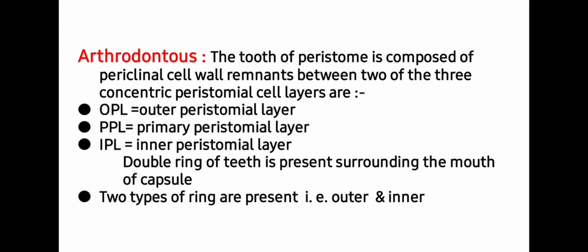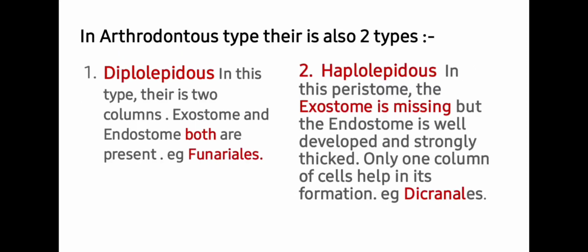So the orthodontous type of peristome is composed of periclinal cell walls between 2 or 3 concentric peristomial cell layers, and these are the outer peristomial layer, primary peristomial layer, and inner peristomial layer. A double ring of teeth is present surrounding the mouth of the capsule, and the 2 types of ring are outer and inner.